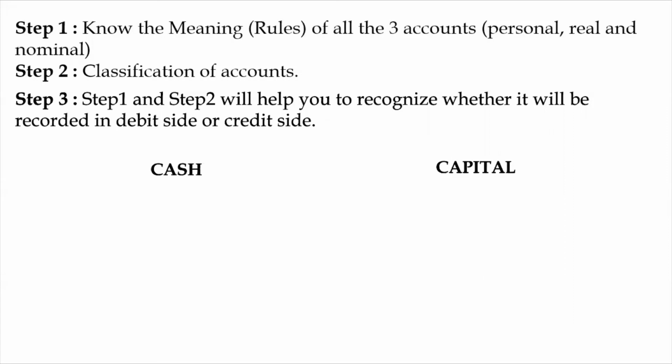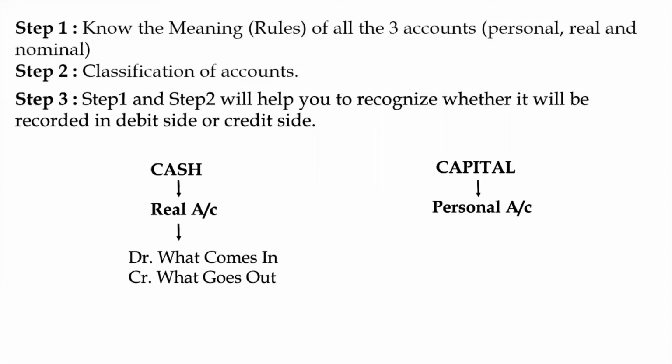So cash account is what? Real account. And capital is what? Personal account. Capital account is a personal account because it involves an owner. An owner is a person, so that's why it is a personal account. Cash is an asset, so that's why it is a real account.